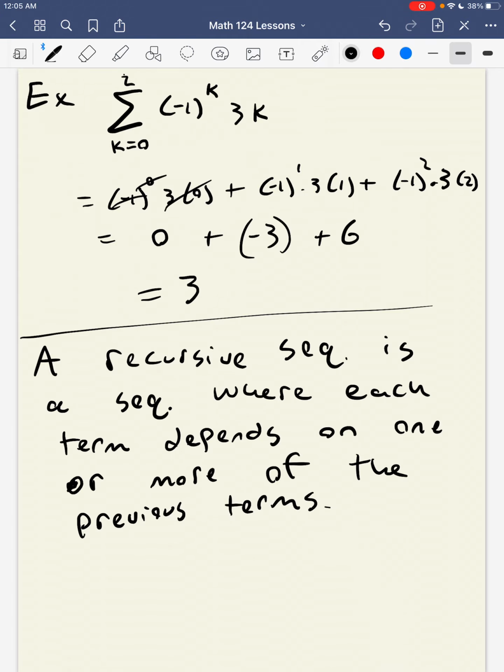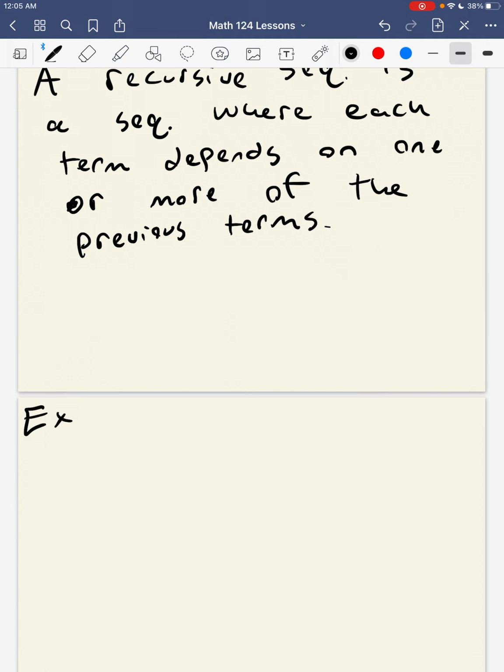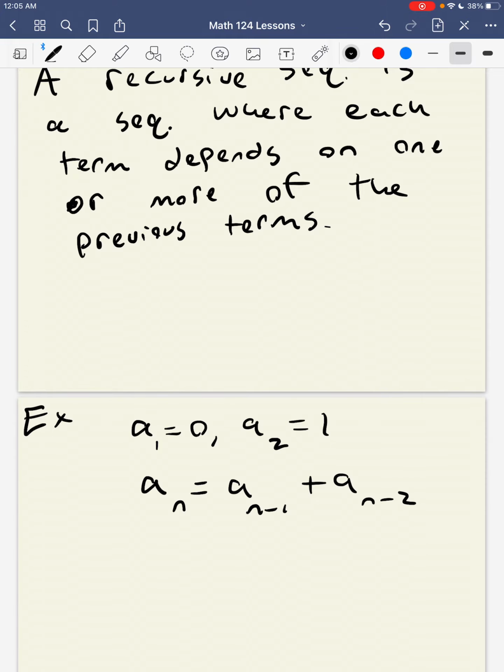So I'll give you two examples here. So for example, say the first term in the sequence is 0, the second term is 1. And then any general term is just the sum of the previous two terms.